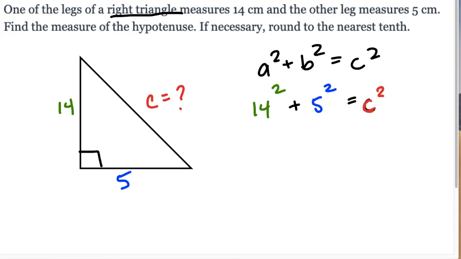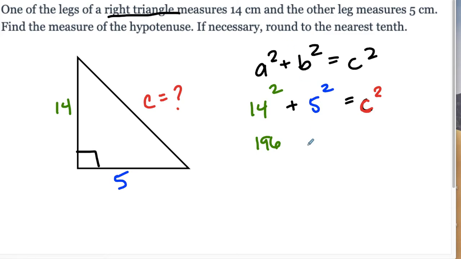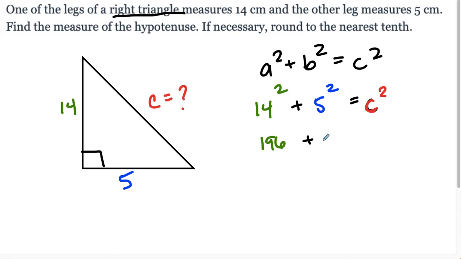So we take 14 squared, which becomes 196, plus 5 squared, which is 25. So 196 plus 25 is 221, which is equal to c squared.